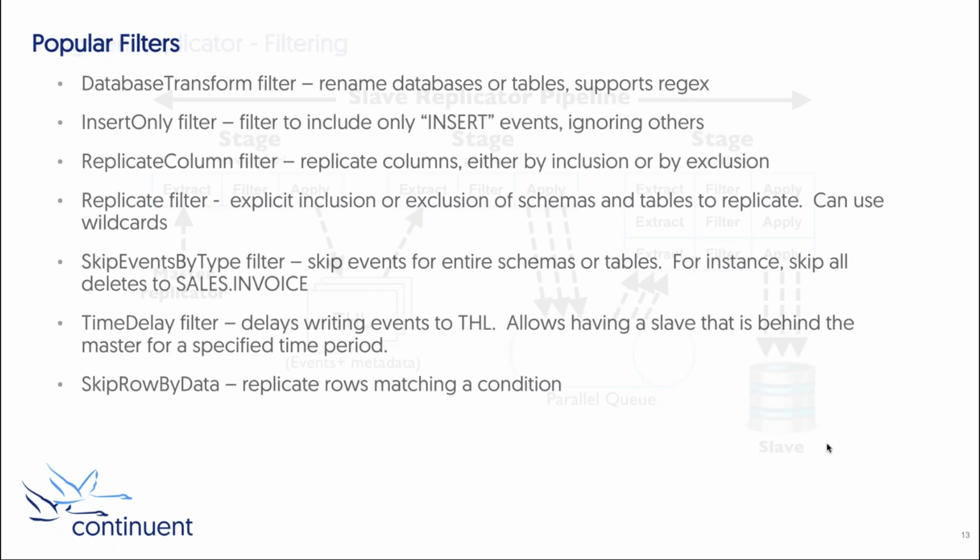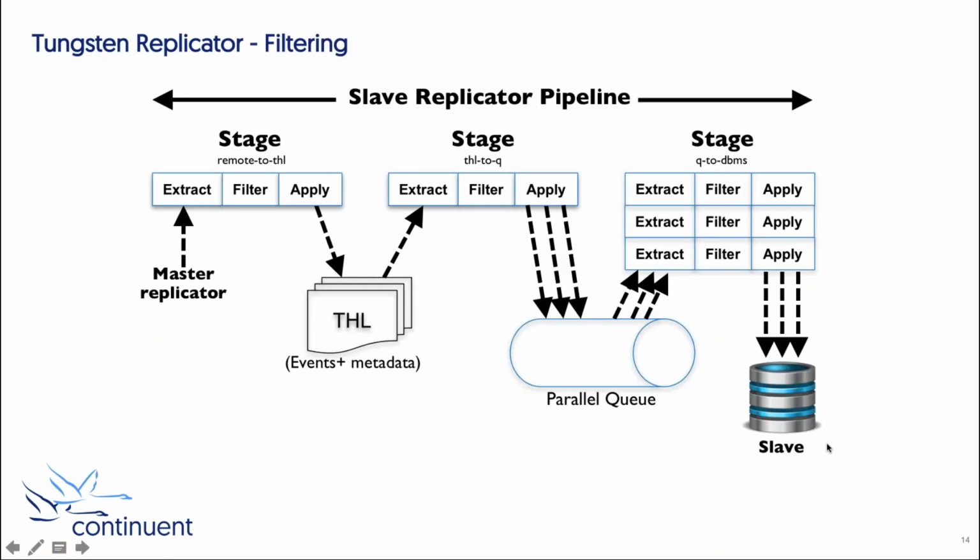So moving ahead, this is kind of an in-depth view of what we call the pipeline. So the flow of data through the various replicator stages is what we call the pipeline. So here we see the pipeline of a slave replicator, and it has 3 stages. Remote to THL, this is the actual transfer of the THL from the master to the slave.